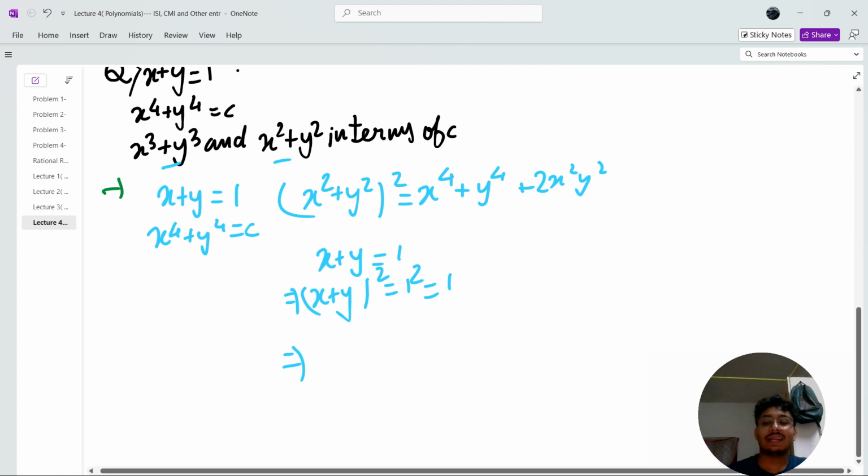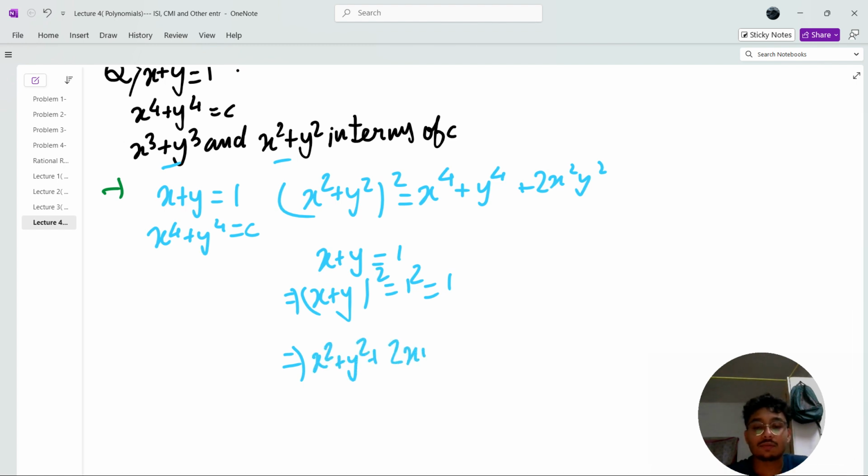So we expand the LHS, that gives me x square plus y square plus 2xy is equal to 1. I want to separate my x square plus y square, since I need it for taking out my x to the power 4 plus y to the power 4. So my x square plus y square would be 1 minus 2xy.